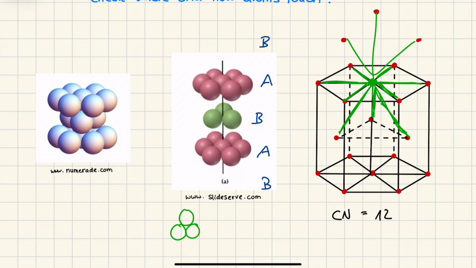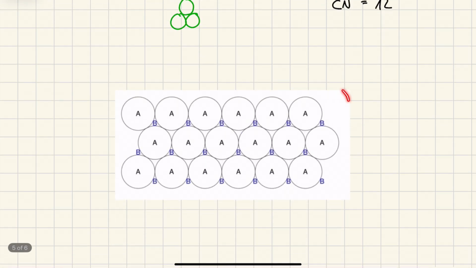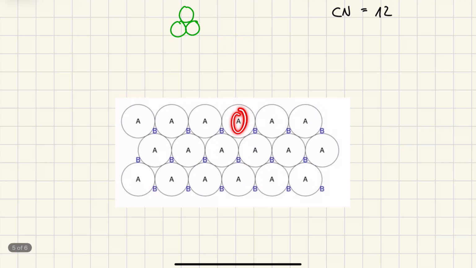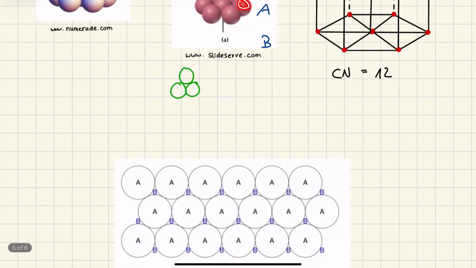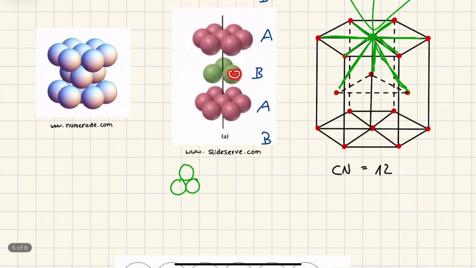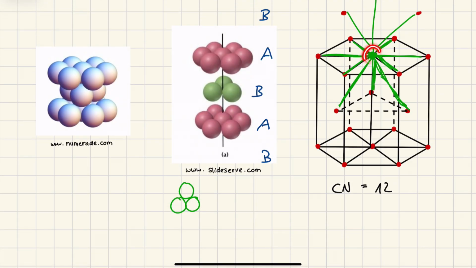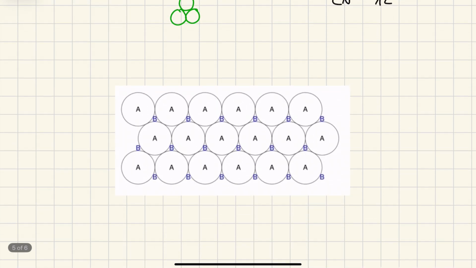One of the aspects that make the coordination number so special is that it is the same no matter what atom you choose as a starting point. And for the HCP structure, that becomes very clear if you look at it from above. If we suppose that A corresponds to the red balls in this image, and B corresponds to the green balls in this image, the atom we picked as our origin could, for example, have been this one.